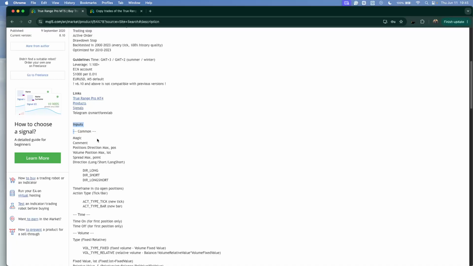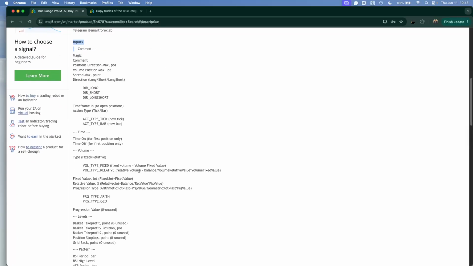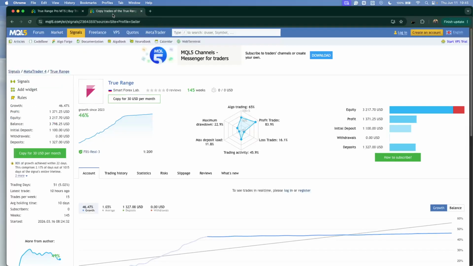We also have equity stop in fixed or relative modes, and we have max spread filter and session time controls. Then there's the volume management with progression types and position limits. It works on ECN accounts with 1:100 plus leverage, and they position it as a professional solution for night trading with machine learning edge and multiple protections.